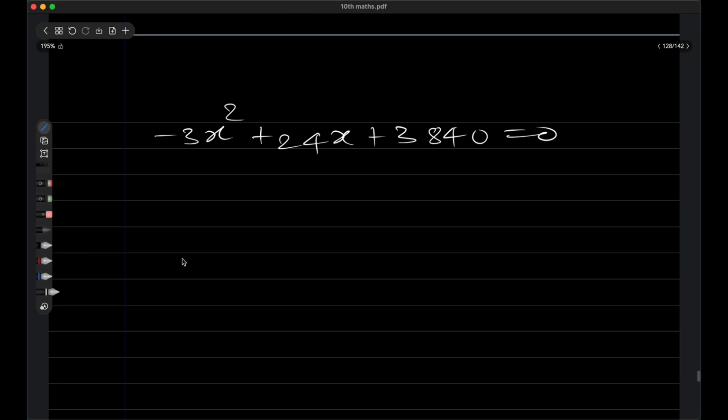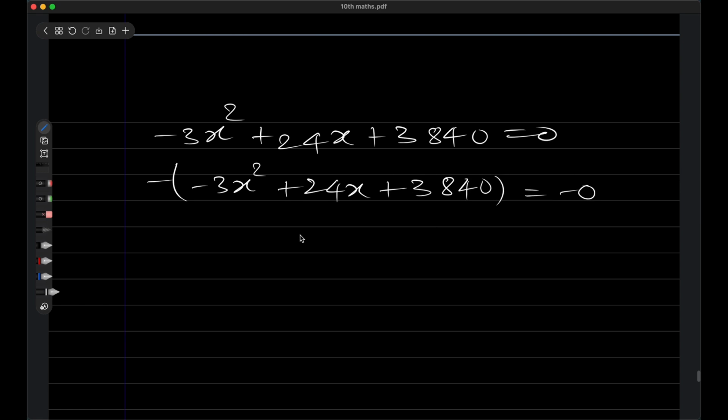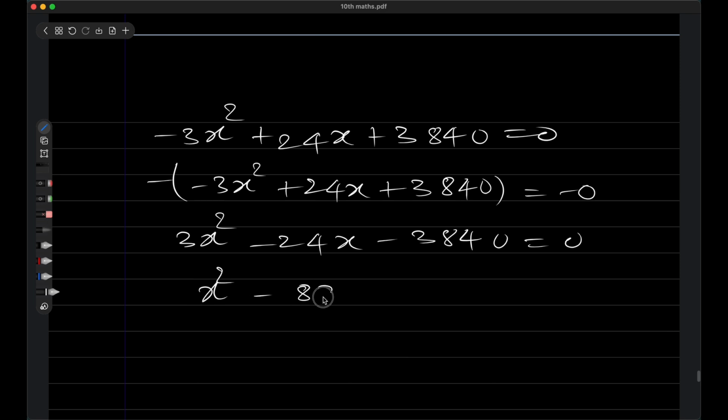Multiply both sides with a minus sign. We have 3x square minus 24x minus 3840 equals 0. Divide the equation by 3. We have x square minus 8x minus 1280 equals 0.